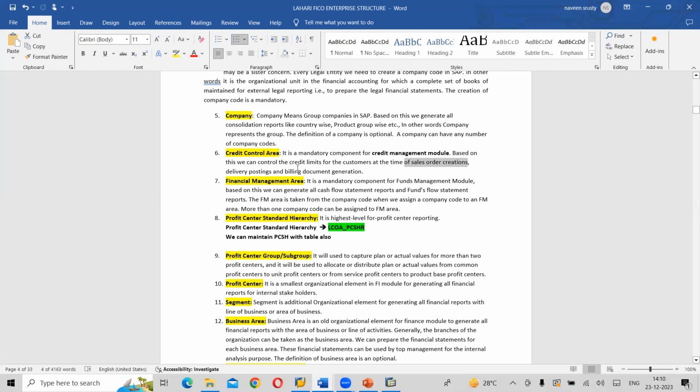At the time of sending, along with the goods we will prepare a pro forma invoice, a bill. Clear? At that preparation also, it will pop up a soft message. So at the time of sales order creation, at the time of delivery, and at the time of billing a document, three times it will show soft messages.